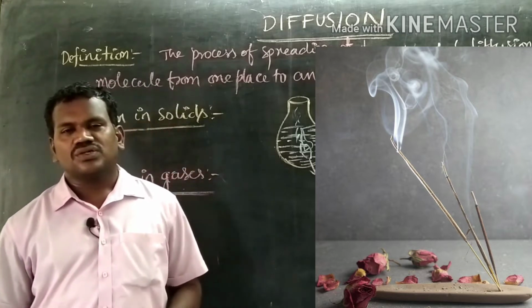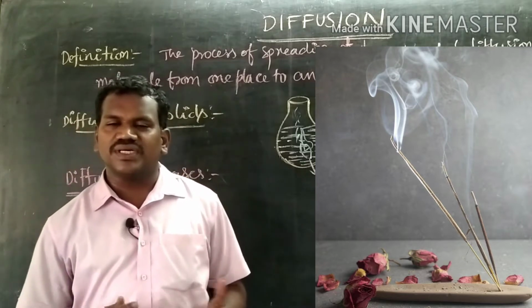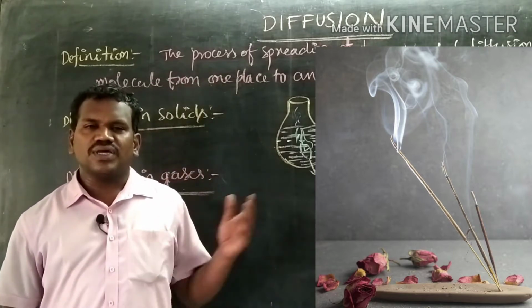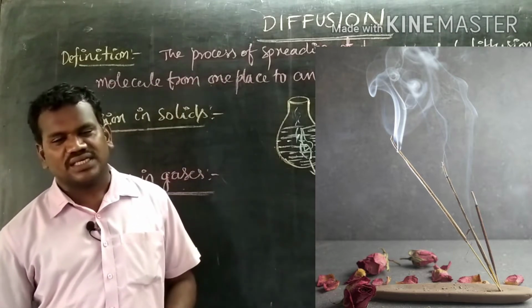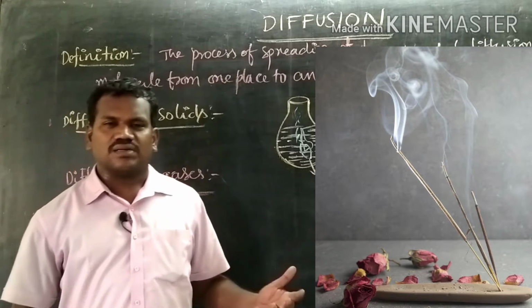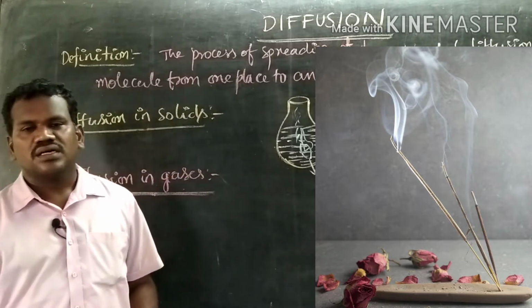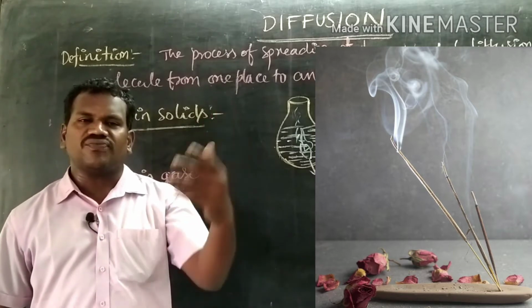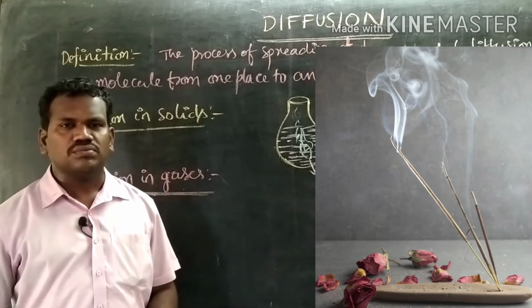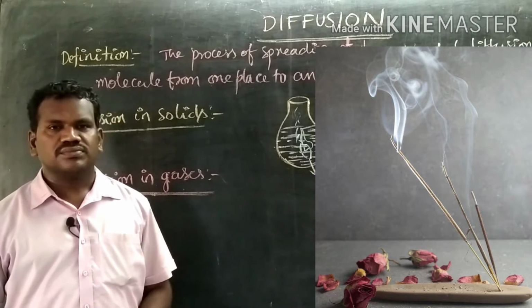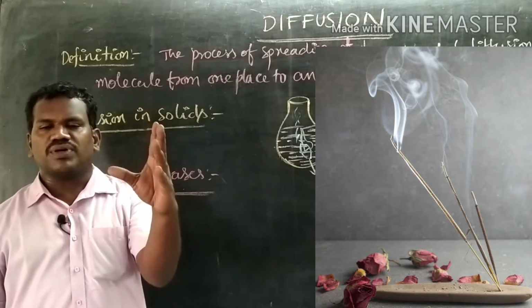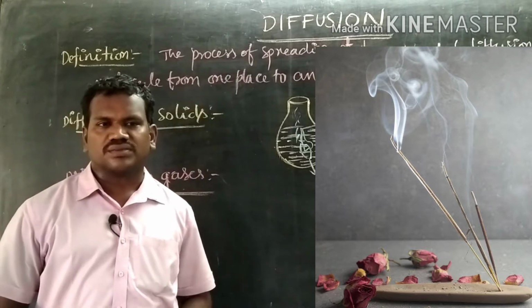To do that activity, we require a small thing. For example, you have an agarbatti with you. You already know agarbattis. Ask your friend to stand at one corner of the room with an agarbatti.